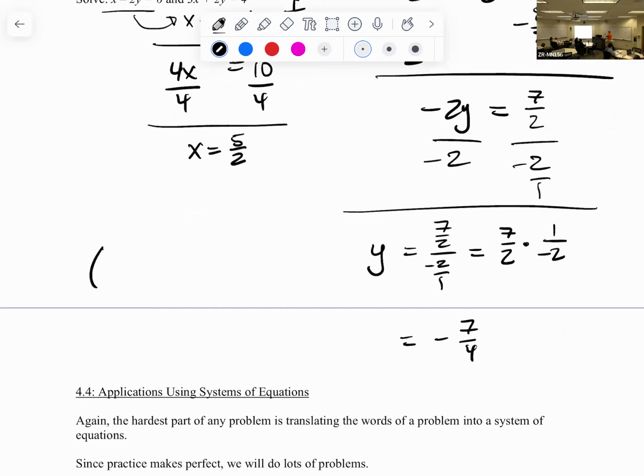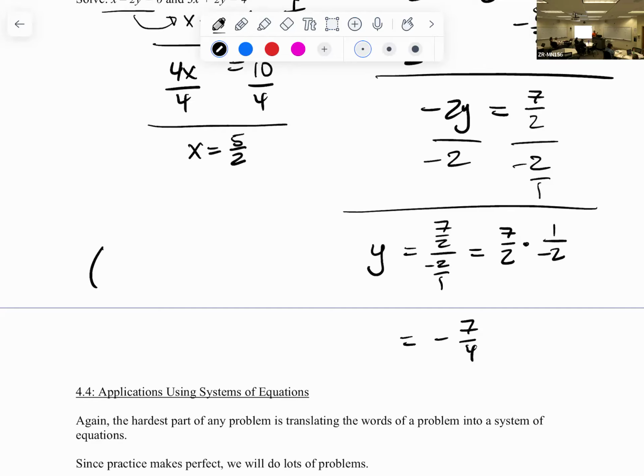Why does it become -7? Because when you multiply fractions, you multiply straight across. 7 times 1 is 7, 2 times 2 is 4, and a positive times a negative is negative. Okay, I was just curious, is it because there's a negative in there? Yes, this is positive, this one's negative. Remember that the negative can be in the numerator or out front.